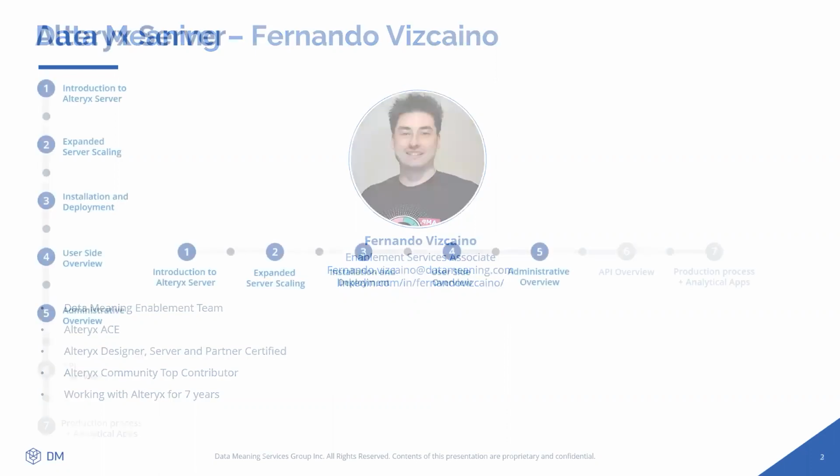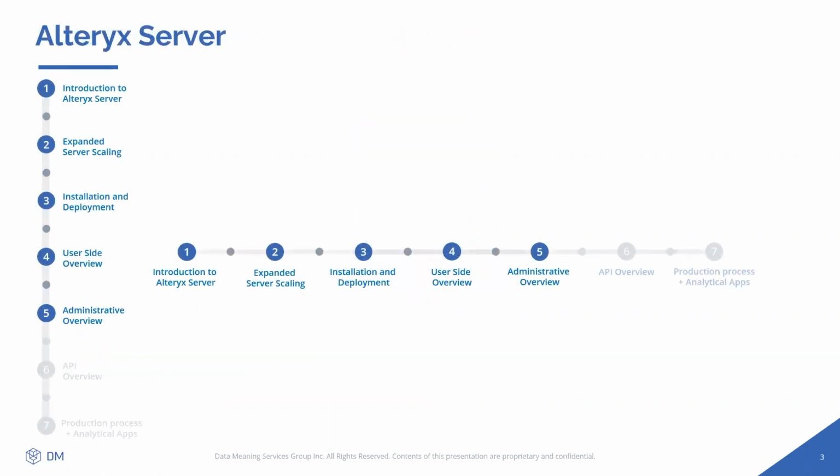And today we're going to be talking about the administrative overview of the Alteryx gallery. You already talked about the system administrator point of view. During our previous session, we talked about everything related to the user side page. So now you are well aware of everything related to the gallery, and now we are going to talk about how to govern everything related to that.